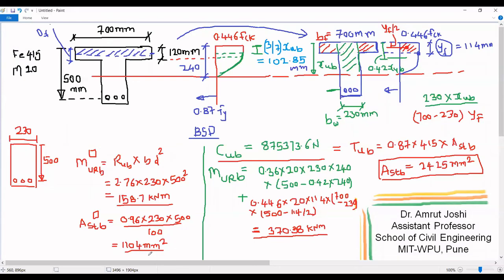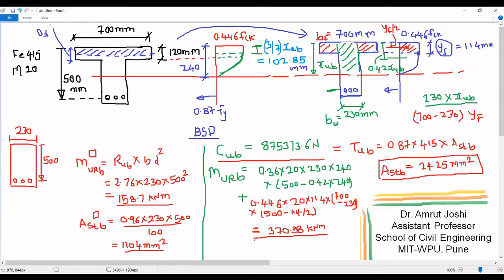So we make striking observations. Observation number 1. If I were to design this beam by deriving assistance from slab, its moment of resistance as balanced section is substantially higher than moment of resistance of this section if it were to be considered as rectangular section.